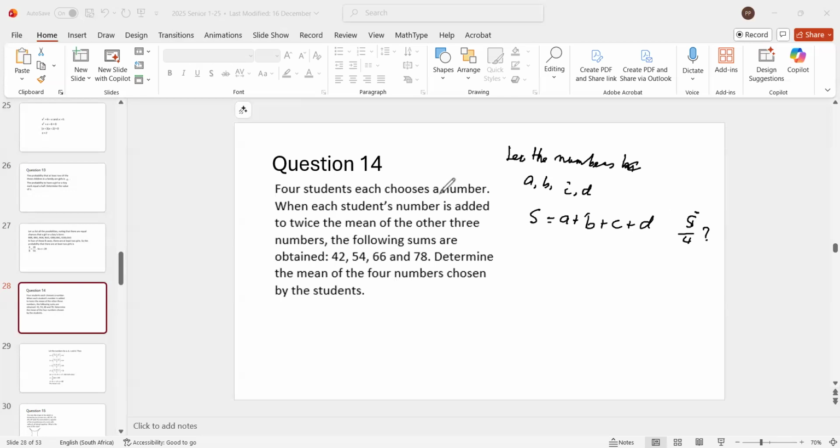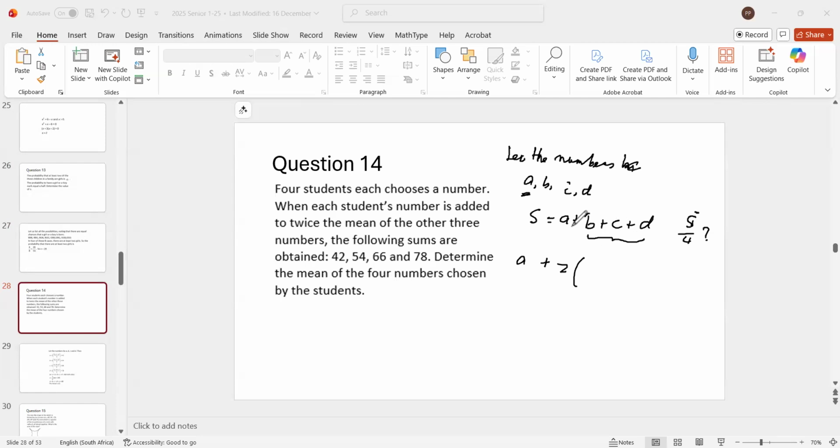Now, they tell you that when each student's number, let's take the student here, when his number is added to twice the mean of the other three numbers, in other words, I'm going to add the remaining numbers, which is B plus C plus D. I'm not going to put that down like that.